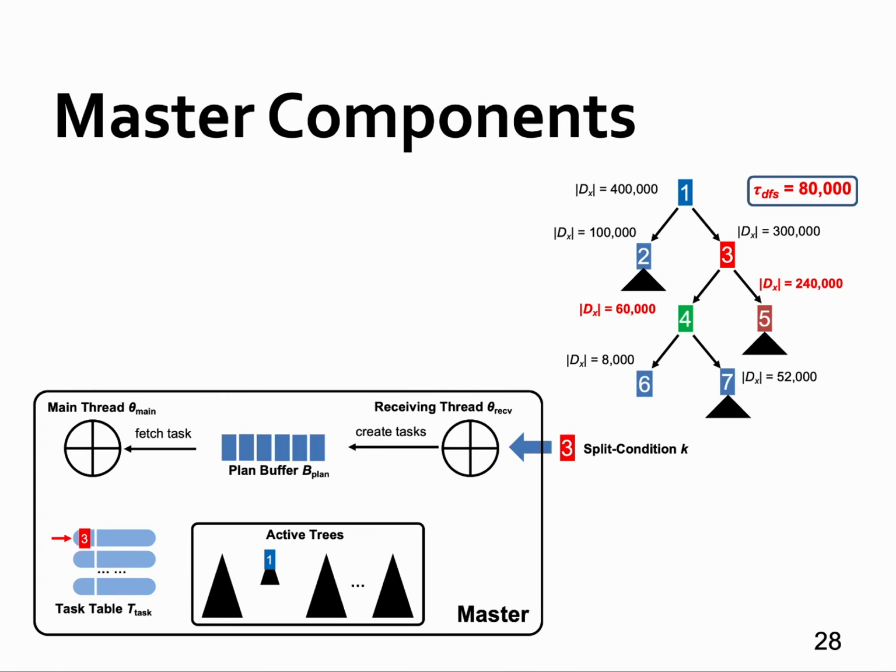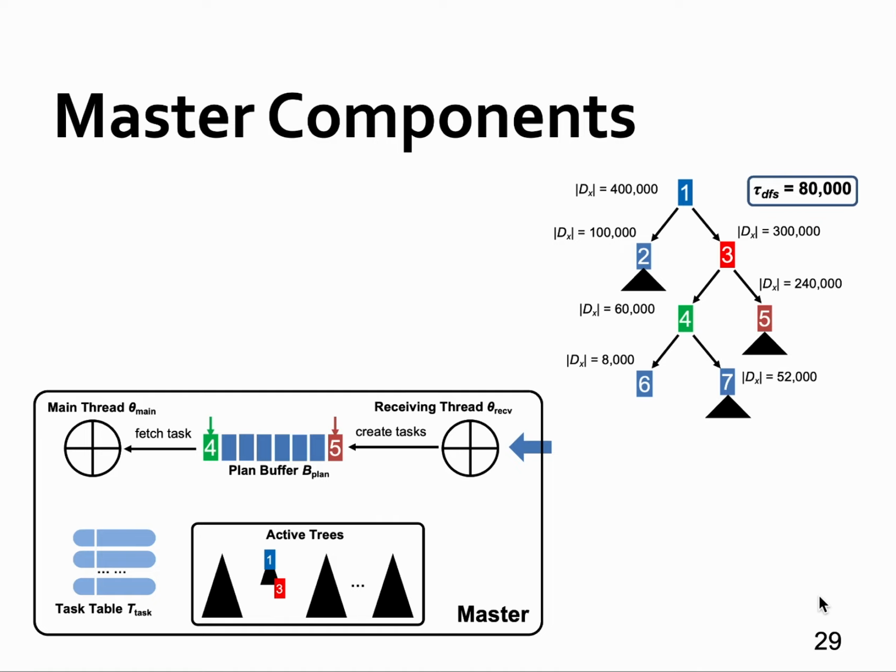When the last split condition is received, the receiving thread obtains the overall best split condition for node 3, creates node 3 with this condition, adds it to the corresponding tree under construction, and removes the entry for task 3 in the task table. Using the split condition, rows of node 3 are partitioned into node 4 and node 5, which creates two new tasks 4 and 5.